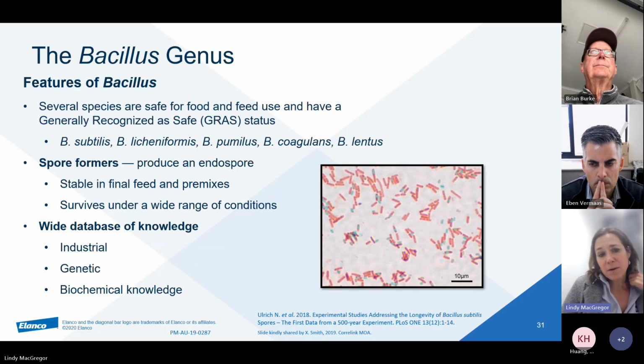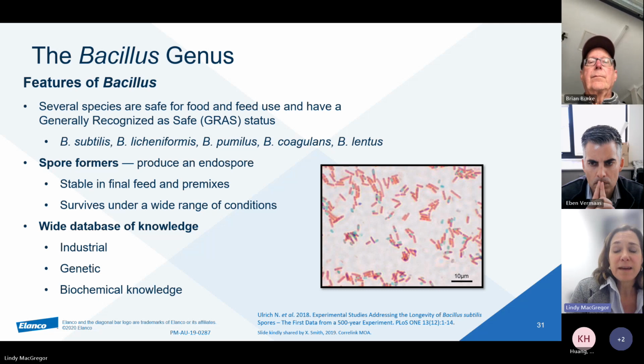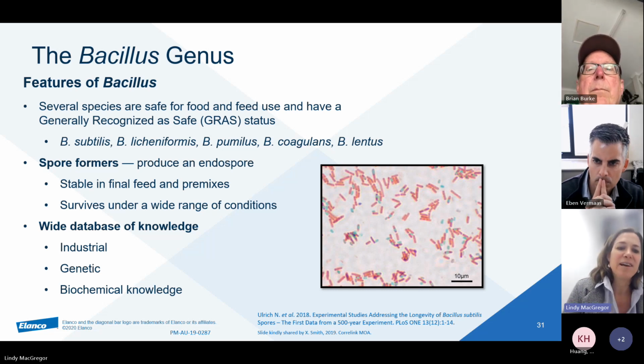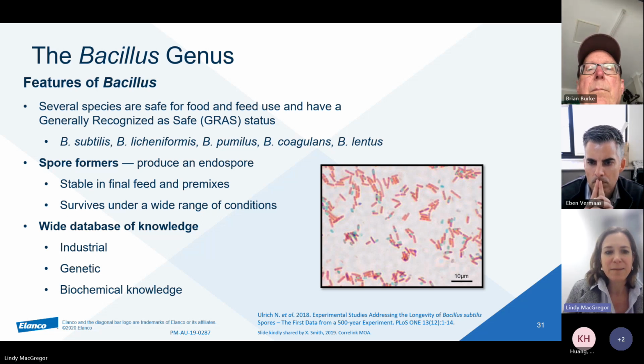Correlink is actually a Bacillus subtilis, and you would have seen on the market there are a number of Bacillus subtilis that are available. We'll be talking more about what the differences between these are, in terms of why we have 6 different strains of Correlink when it's exactly the same Bacillus subtilis. So we'll talk a bit more about that.